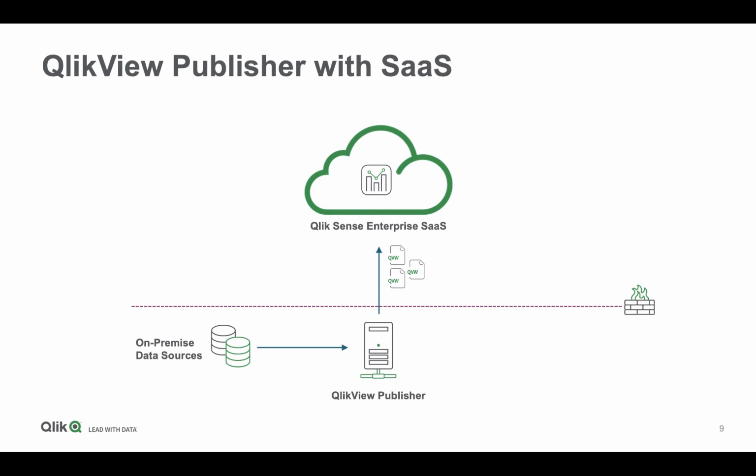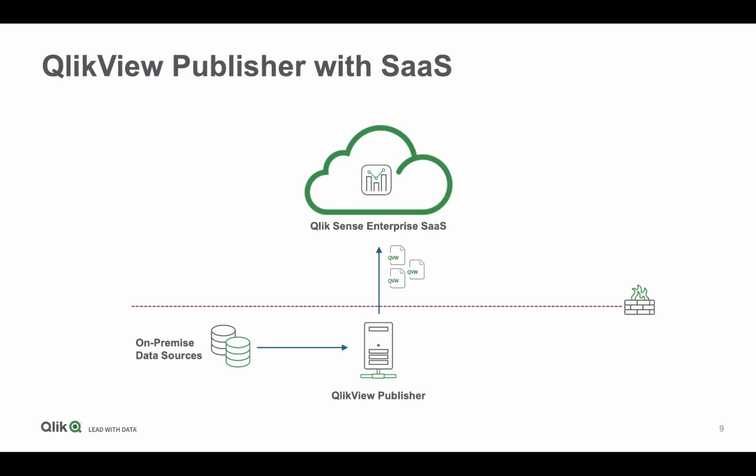And then the other component is the QlikView Publisher, and this is responsible for querying your on-premise data sources and assembling the application itself. In an on-premise world, QlikView Publisher queries your data sources, builds that application, reloads the data into the application, and performs what we call a distribution. It distributes the document to the QlikView Server for users to work with.